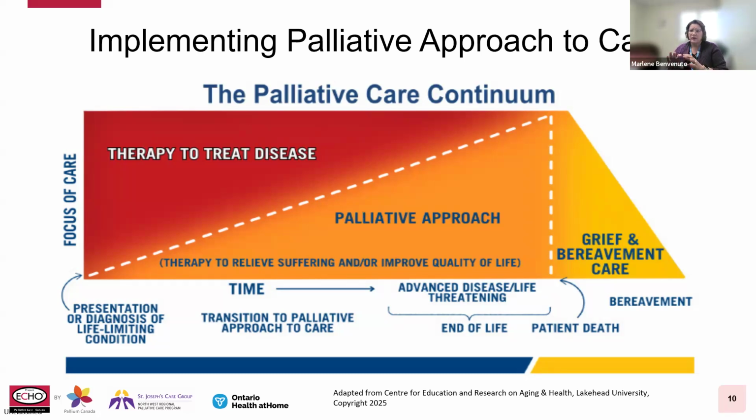This is a good area that, say, advanced care planning could be started, just to have those open conversations. Now, in saying that, conversation is the key throughout the journey, to have those open conversations as the disease enhances and they're transitioning to more of a palliative approach rather than treatment or therapy.